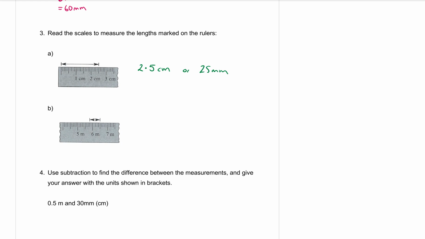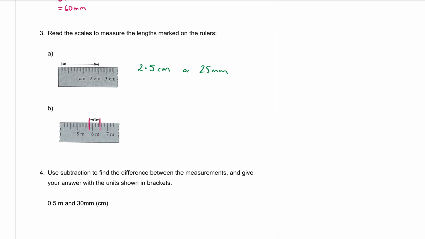In part B, this is a little bit trickier because the space that we're trying to measure doesn't start at 0. So just be careful with this. We're starting here on that little line there, and we're finishing here. Now also these are in meters. Important to know that we've got a different unit here. So let's count.